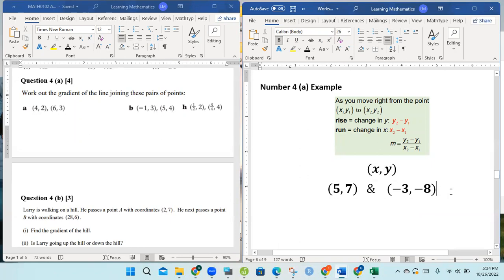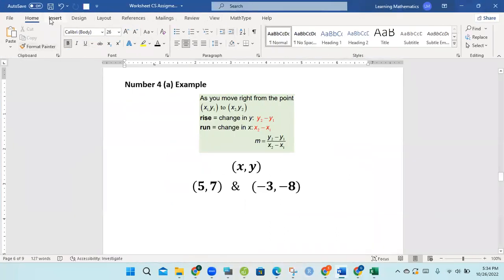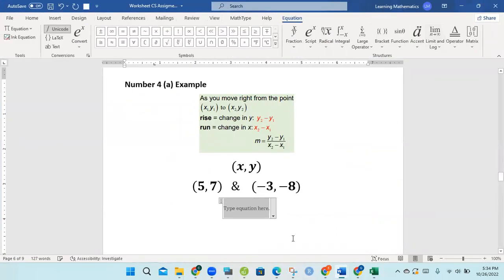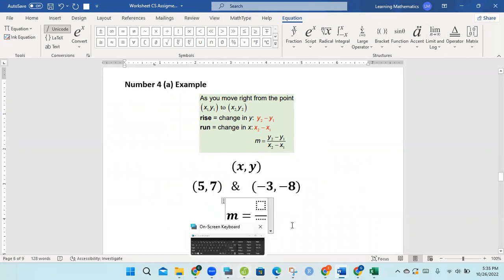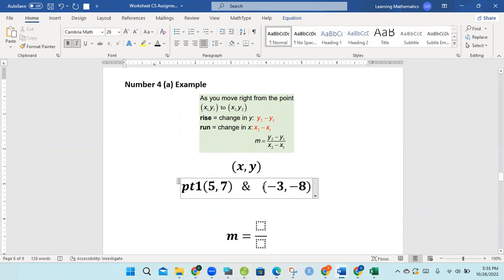Now, the formula says M, for gradient, for mount, or to climb, is equal to y2 minus y1 over x2 minus x1. We have to label which coordinate is y1, so we can call this point number 1, which coordinate is x2, and so forth. Point number 2.